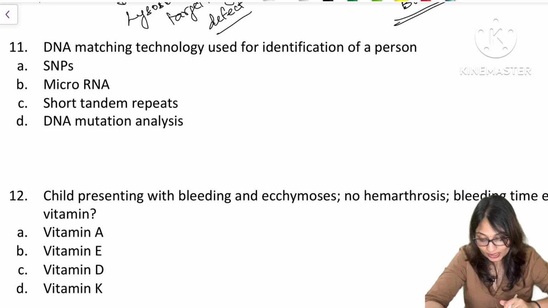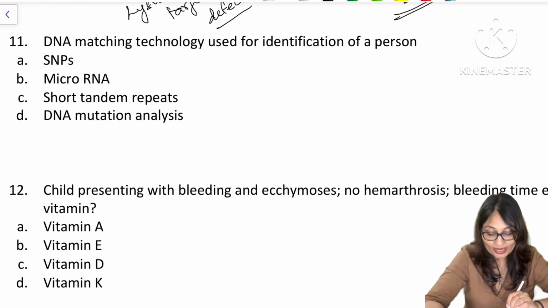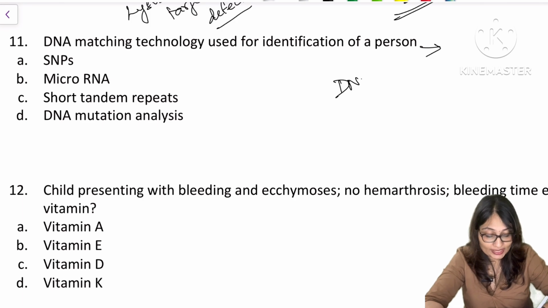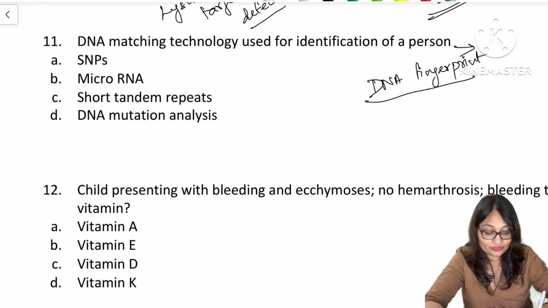The next question is DNA matching technology used for identification of a person. What is this technology called? This technology is called DNA fingerprinting. So what do you mean by DNA fingerprinting?